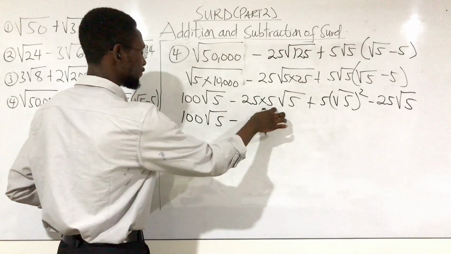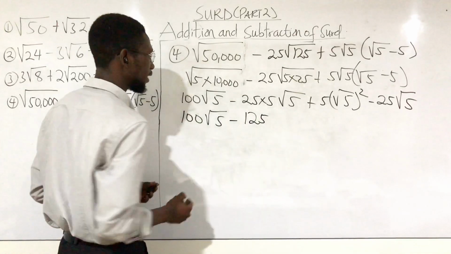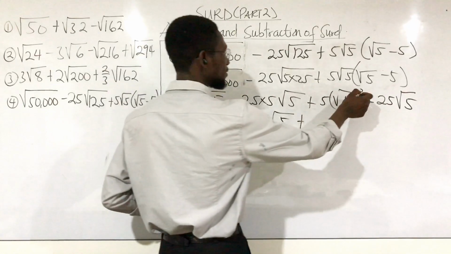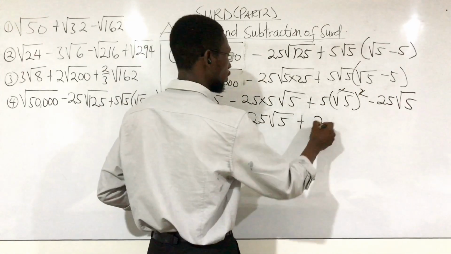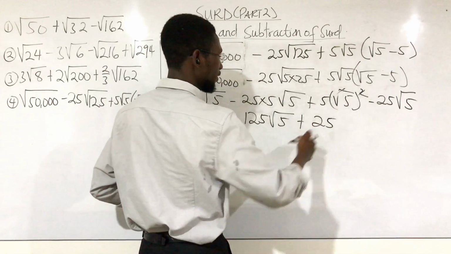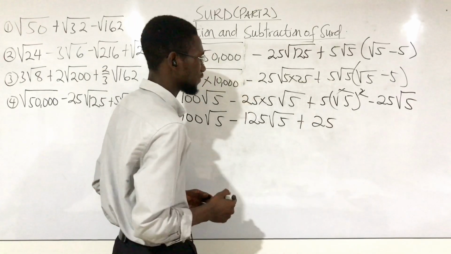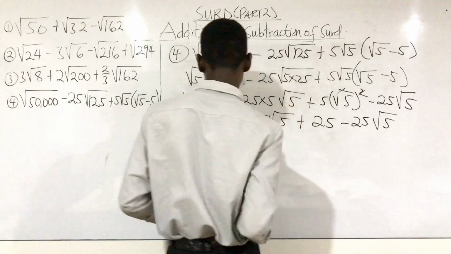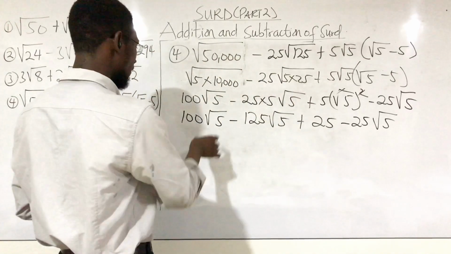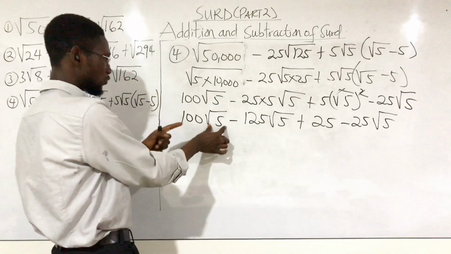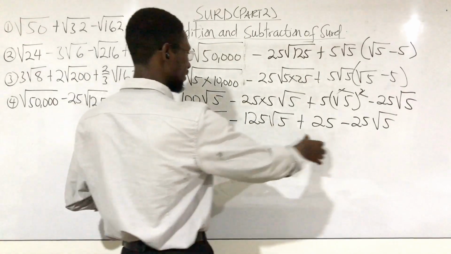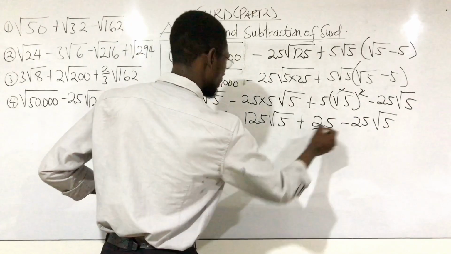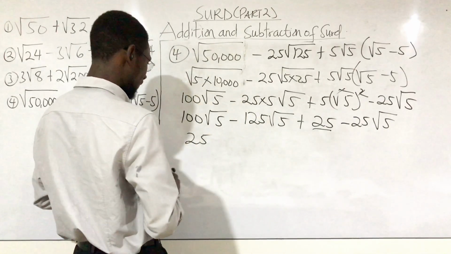5 minus, this gives you 125 root 5 plus, and since this is square root, we'll have square of a number, 5 by 5 is 25, then minus 25 root 5. And so you have a number with root 5, another number with root 5, another number with root 5. So let's put 25, this whole number here, first.